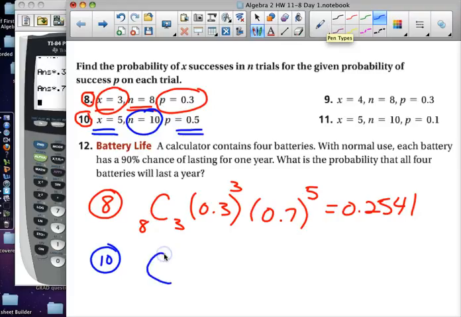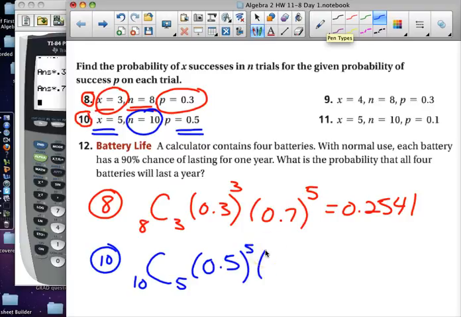So we start with the C, and we realize there were 10 total trials. We want to know the probability that 5 of them will be a success. Well, that's how we count up how many times that would happen. The probability piece really comes from understanding that 50% of the time that's going to happen, and 5 out of the 10 will be successes.